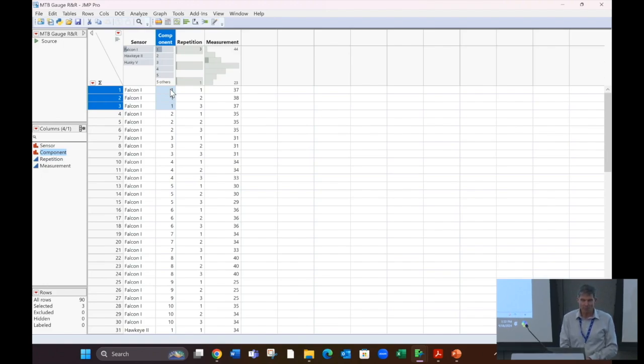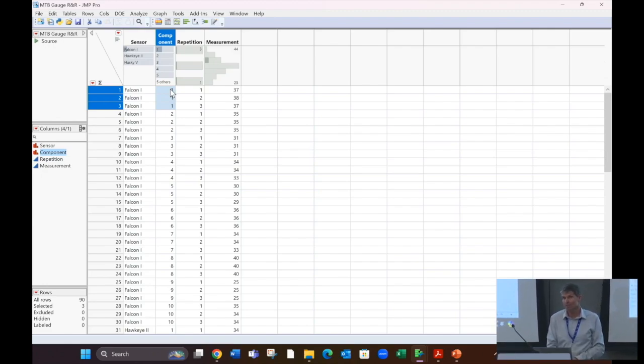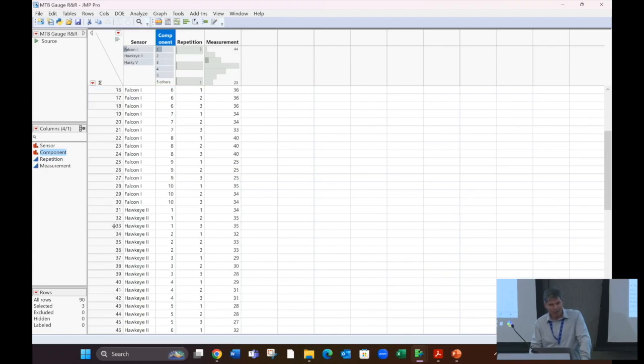In this particular case, in the MSA world, we do about 3 replicates as a minimum. So now the question is how consistent are you, because you are measuring the same thing multiple times. We've also got the difference between Falcon 1, Hawkeye 2, and Husky 5. They're measuring the same thing, but are they telling us the same thing? Is there some systematic bias in there or not?